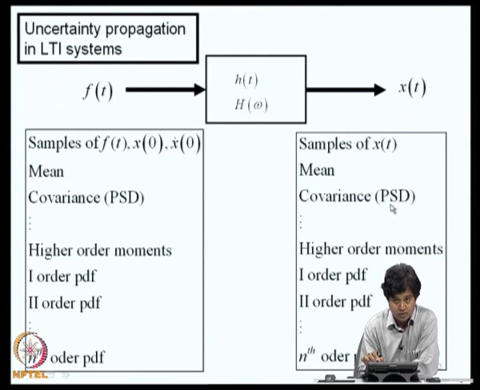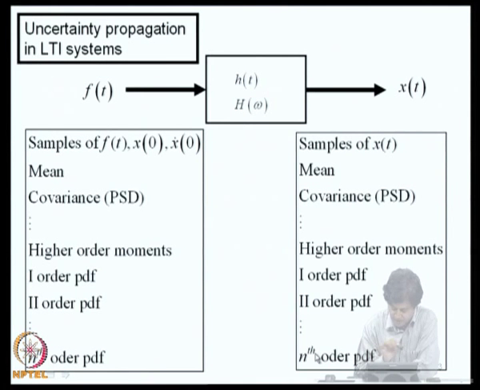If we can define, how to find it? Similarly, such questions can also be asked with respect to higher order moments or for the probability density functions. For example, if we are given the first order probability density function of f of t, what is the first order probability density function of x of t? Similarly, you can repeat this question for nth order PDF for f of t and the corresponding nth order PDF of x of t.